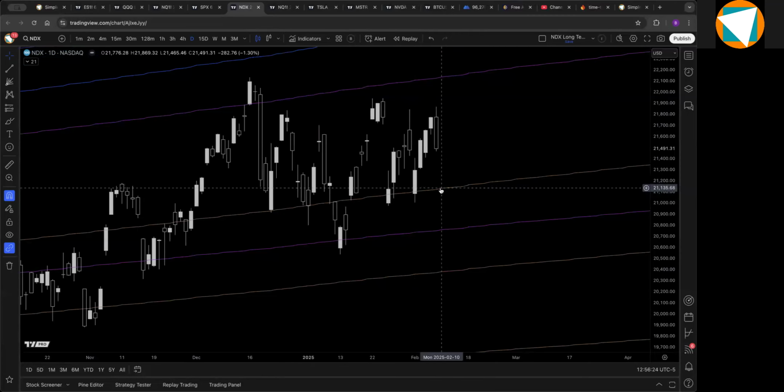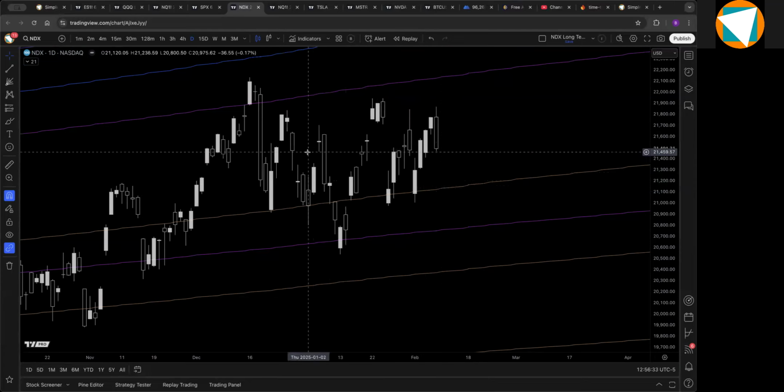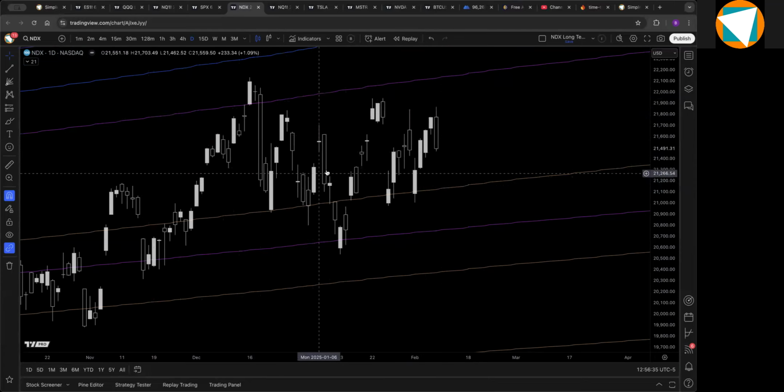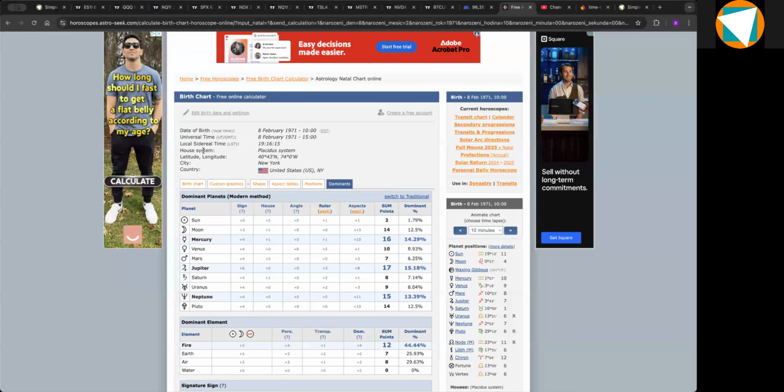If you prefer the convenience and the speed of working with the standard TradingView Gann fans, that's fine too. I think the recent learning, the key takeaway here, is to take advantage of this dominant planet calculator on AstroSeek.